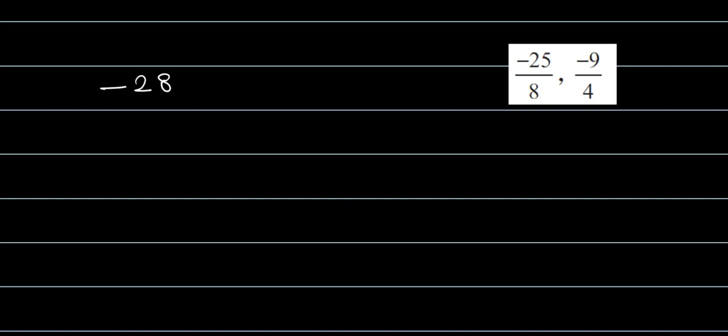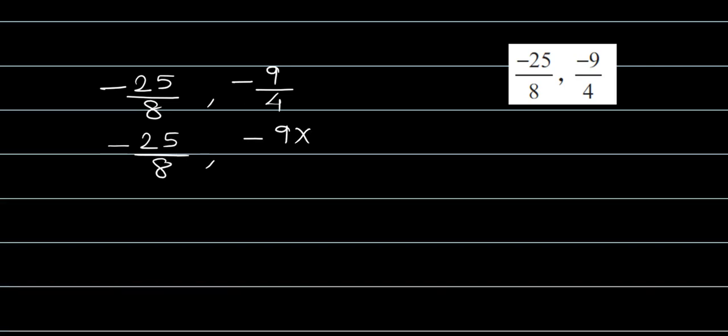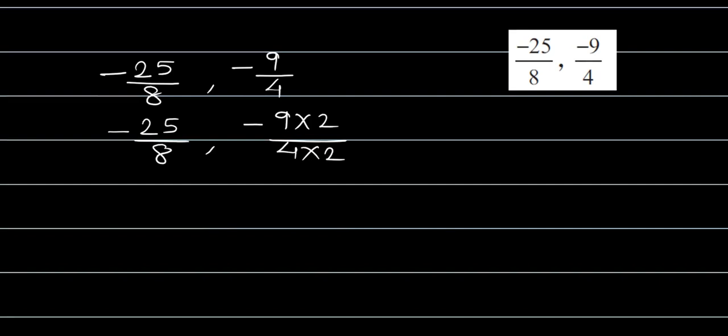Now next, minus 25 upon 8 and minus 9 by 4. Now in this case, their denominators are different. Now we multiply the numerator and denominator of the second fraction, minus 9 by 4, by 2. That is minus 9 into 2 and 4 into 2, which equals minus 18 upon 8.